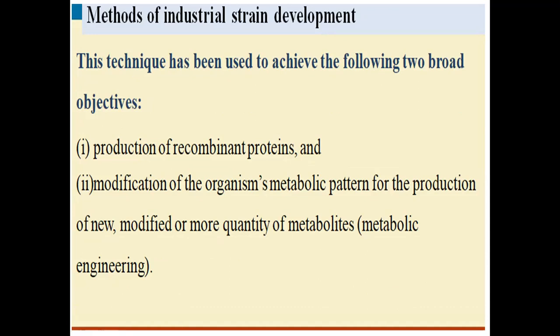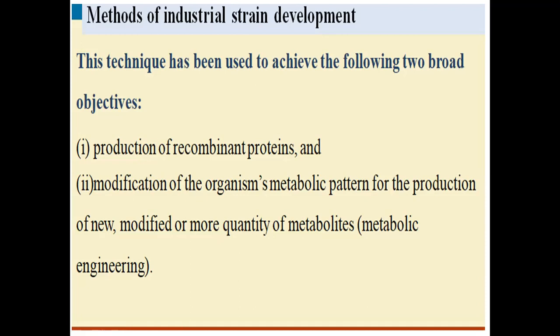So in these strain improvement methods, ionizing and non-ionizing radiations and chemically induced mutations are random mutations, and you will not be able to control them, because when you are exposing them to UV and gamma rays, which have very short wavelength, you will not be able to control which region they are going to target.